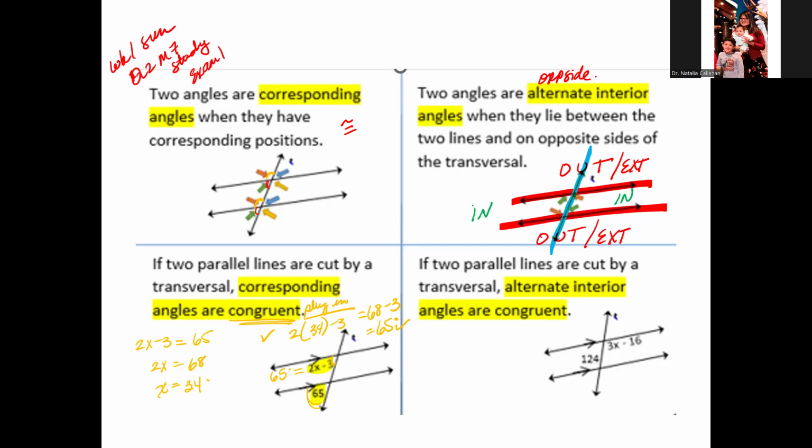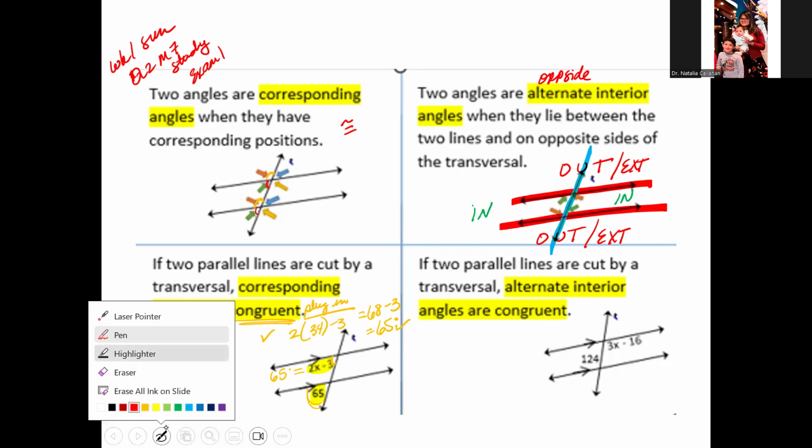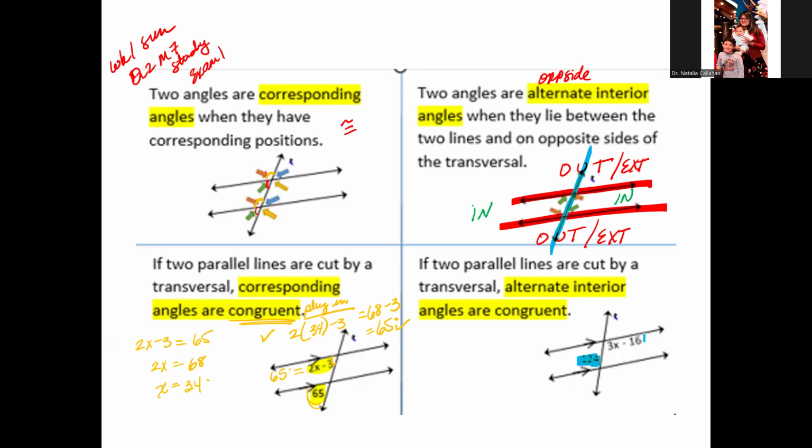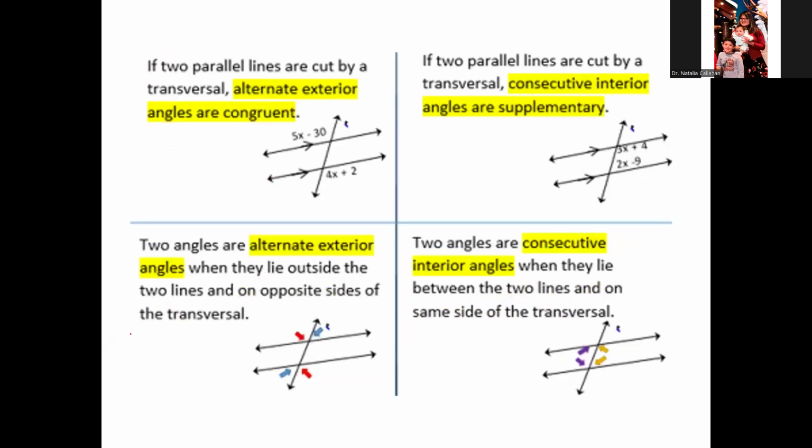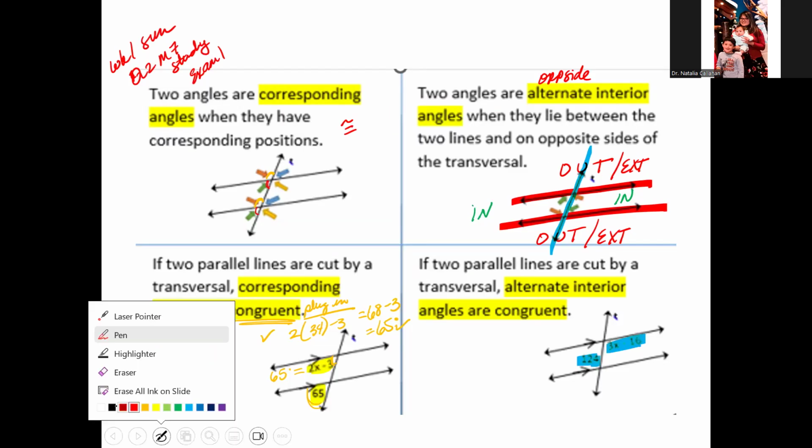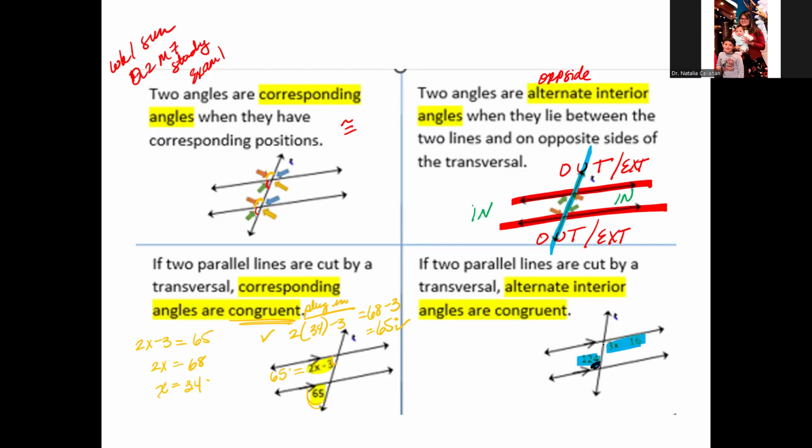Okay, so take a look at these two blue angles I'm highlighting right there. What kind of angles are they? What are they called? This angle right here and this angle right here.